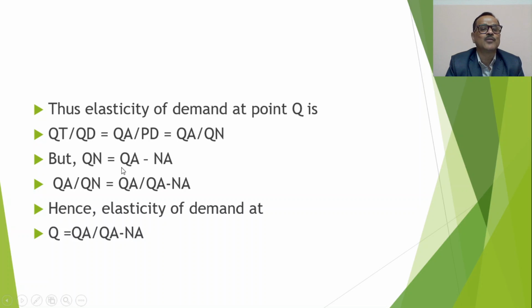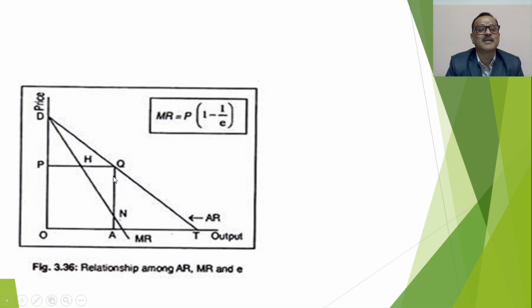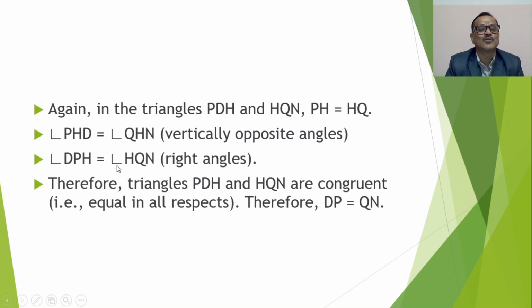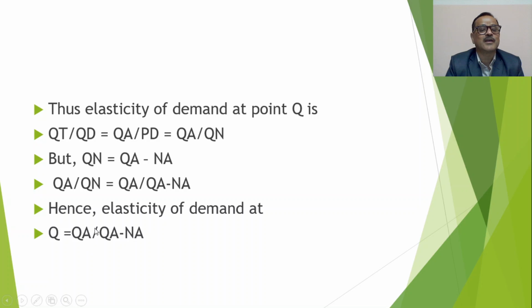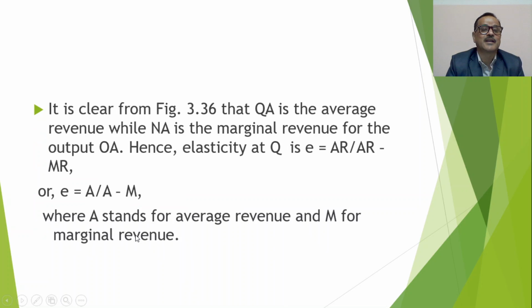Now you can put the value: QA upon QN is equal to QA, which is the same, but in place of QN we can put QA minus NA. Hence, elasticity of demand at point Q is equal to QA upon QA minus NA.